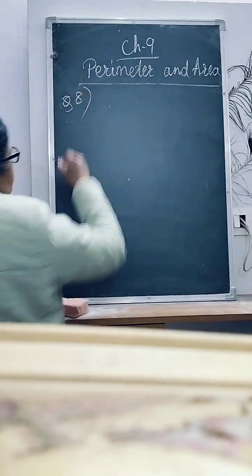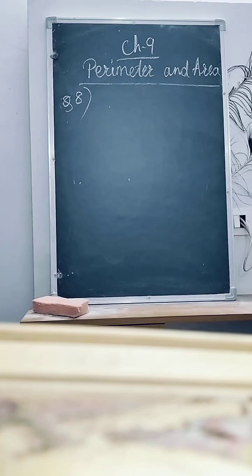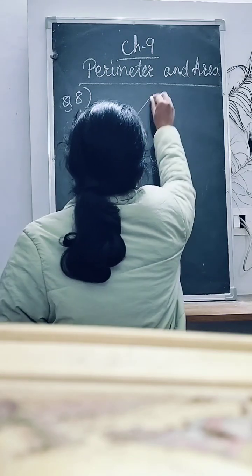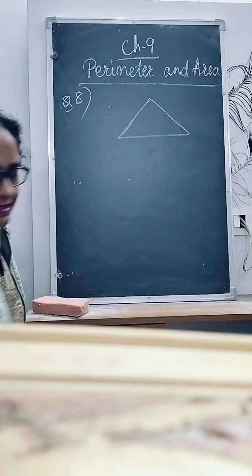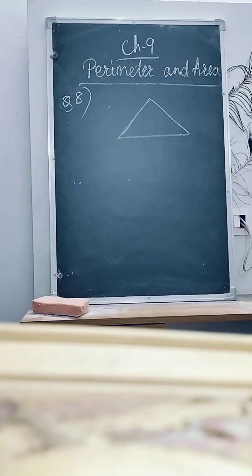Question number 8. It is written that triangle ABC is an isosceles triangle. Isosceles means whose two sides are the same. If sides are the same, angles would also be the same.